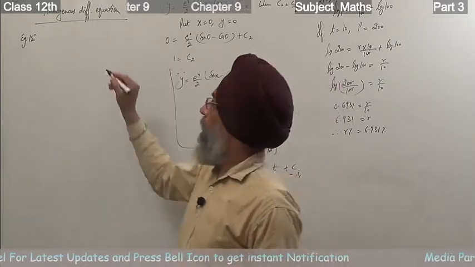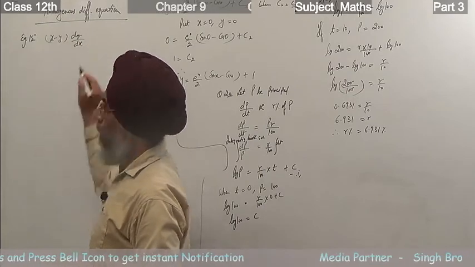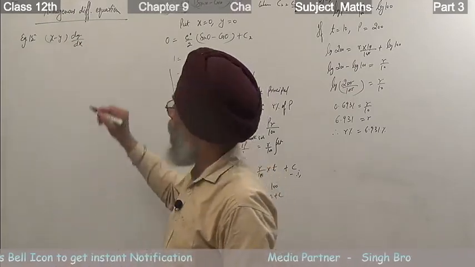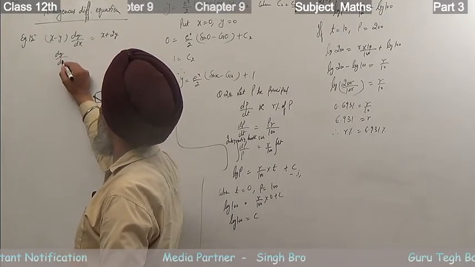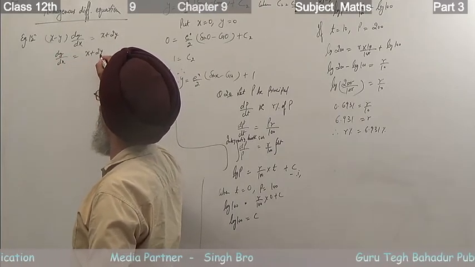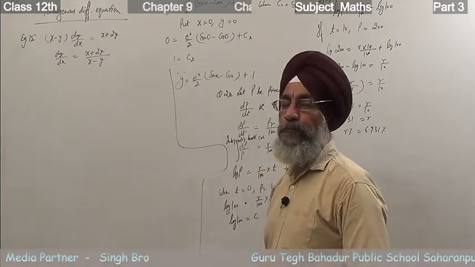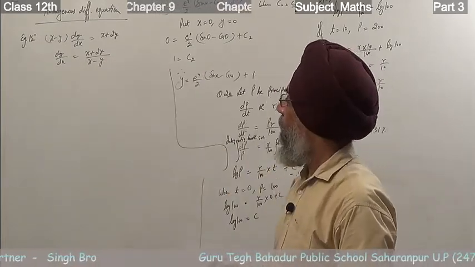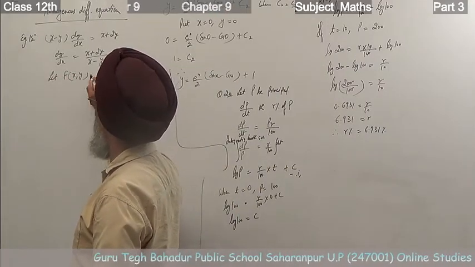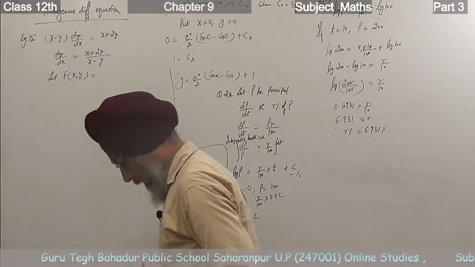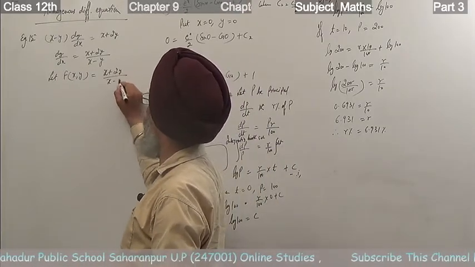I am explaining directly by the example here. (x minus y) dy/dx is equal to x plus 2y. So dy/dx can be written as (x plus 2y)/(x minus y). Let f(x,y) be the function given by (x plus 2y)/(x minus y).